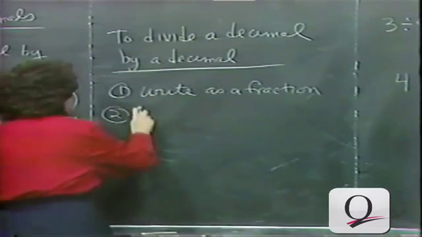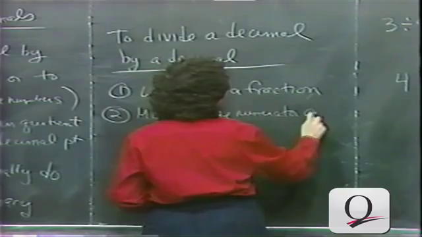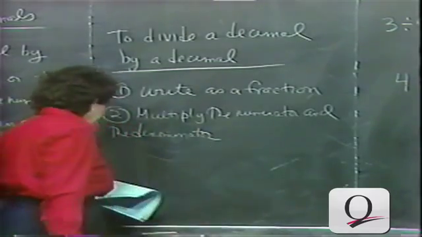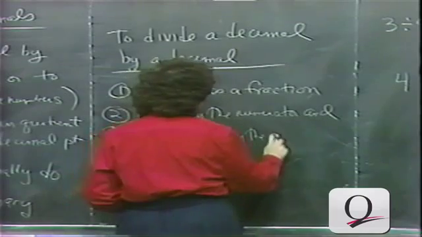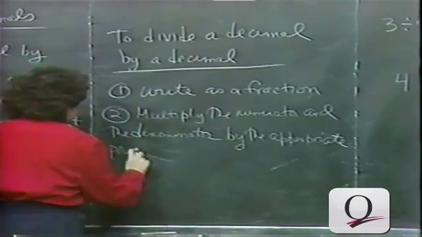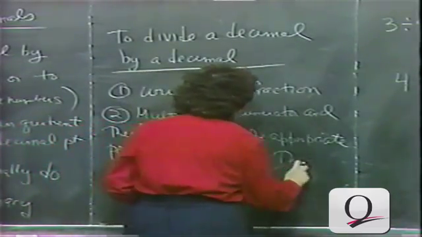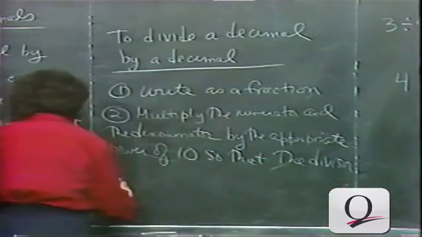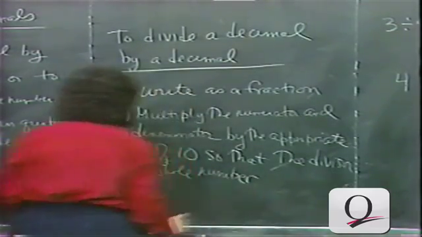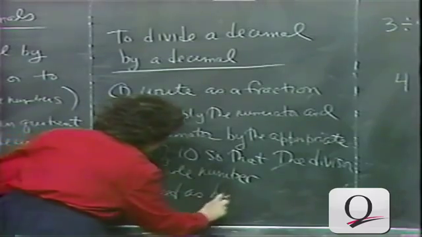And then in that fraction, multiply the numerator and the denominator by the appropriate power of 10 so that the divisor is a whole number, then proceed as before.